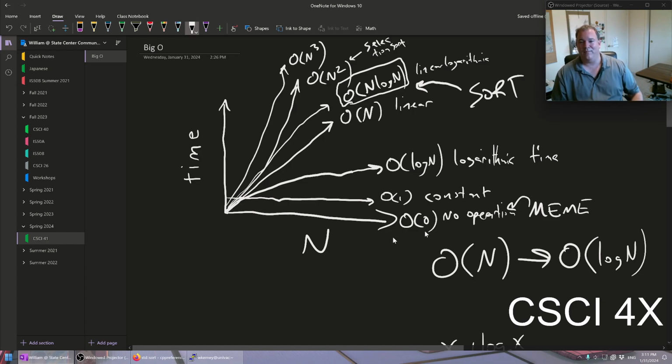Okay, so the main ones you're going to encounter are these: constant running time, logarithmic, linear logarithmic, order n squared, order n cubed. Are there things worse than order n cubed? Are there algorithms slower than quadratic, cubic, polynomial in general?